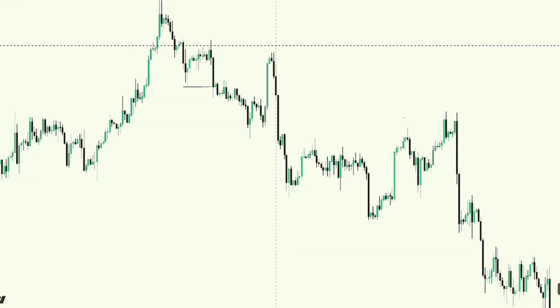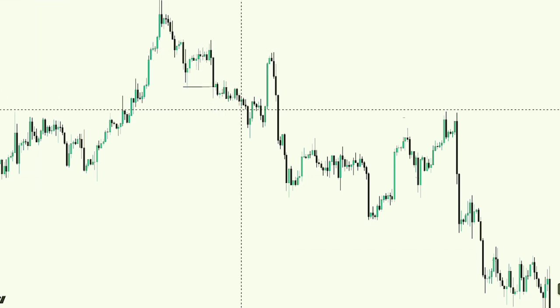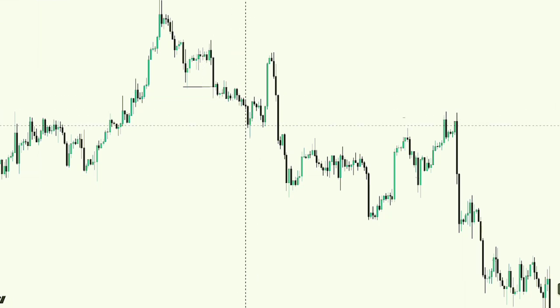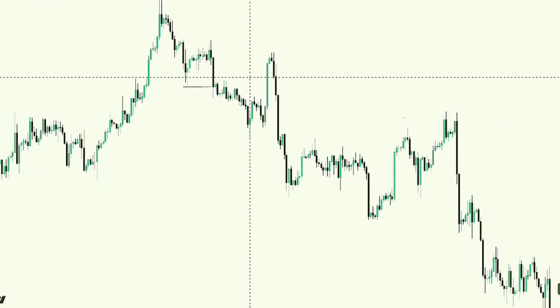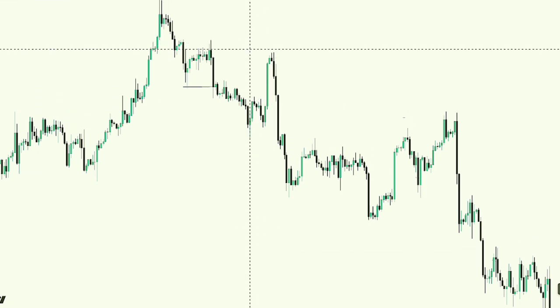So whenever there is an expansion which breaks a structure, here this is an expansion that breaks a structure, right? What are you going to do? You are going to wait for retracement first, because the market will retrace to an area of liquidity.